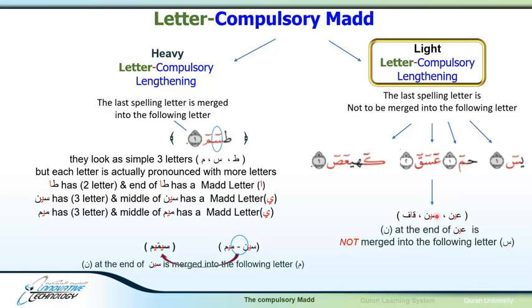And similarly, the noon at the end of the sin is not merged into the following qaf. So in this case, we perform the letter compulsory mad, but this type is of the light type, not the heavy one, because the heavy one has the merging, the idgham. The light one has no merging, no idgham.